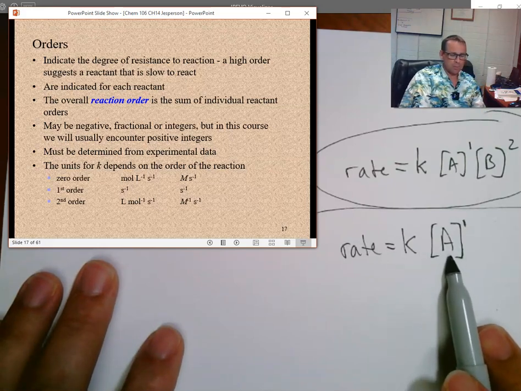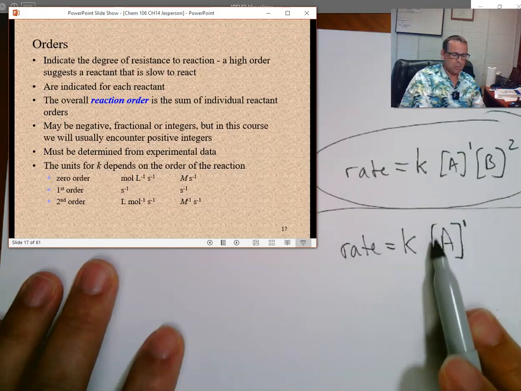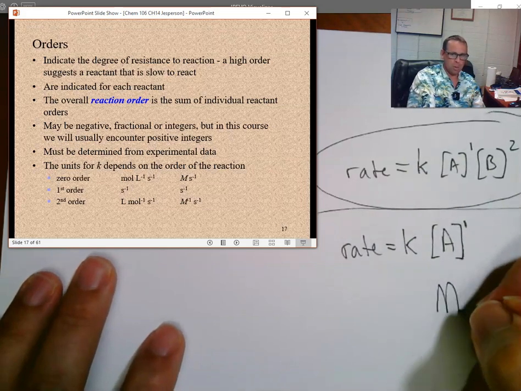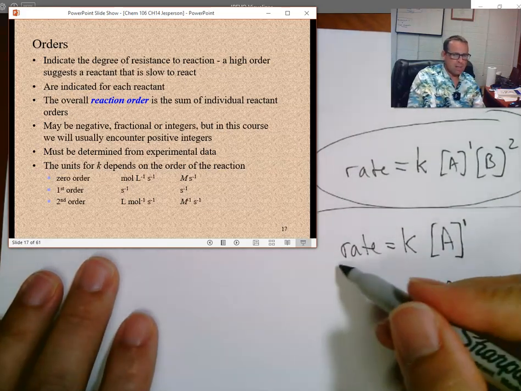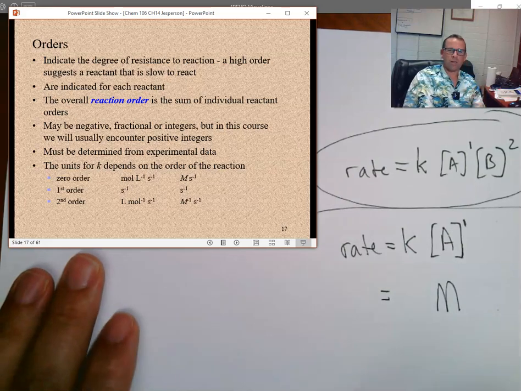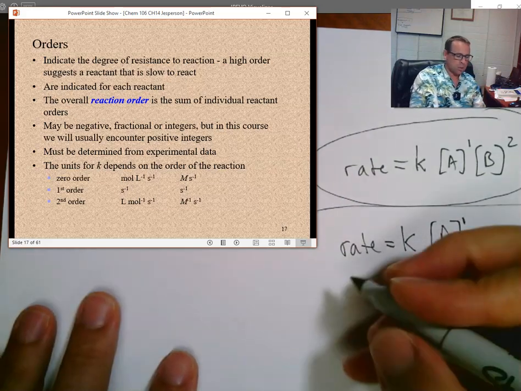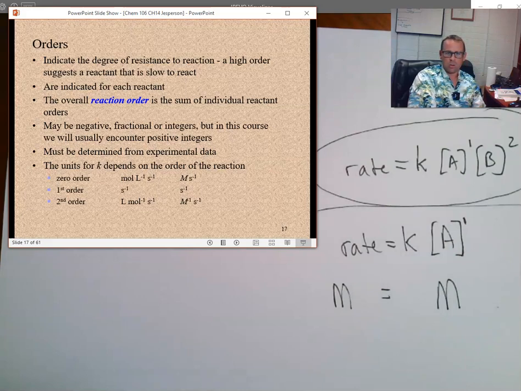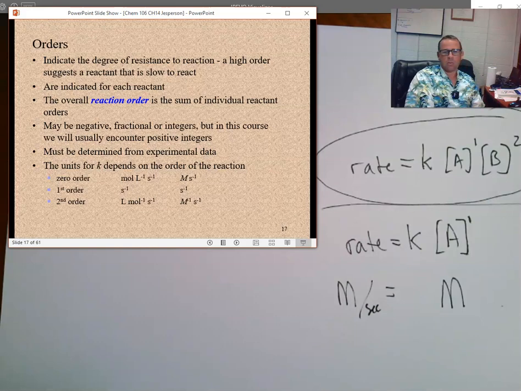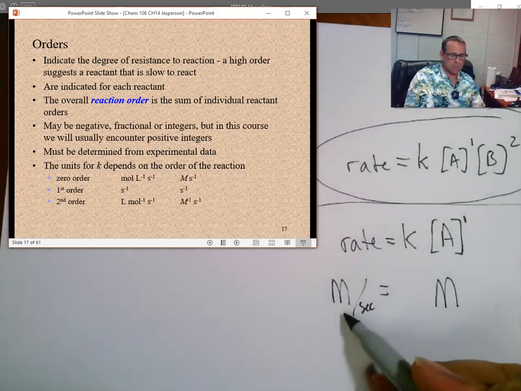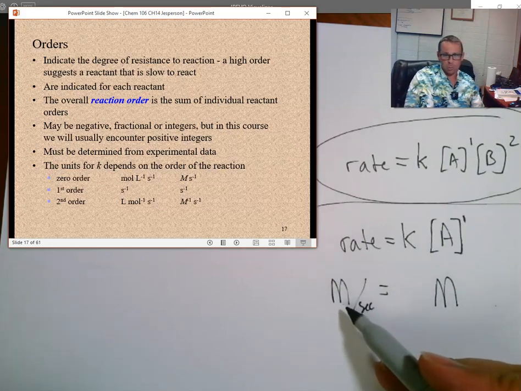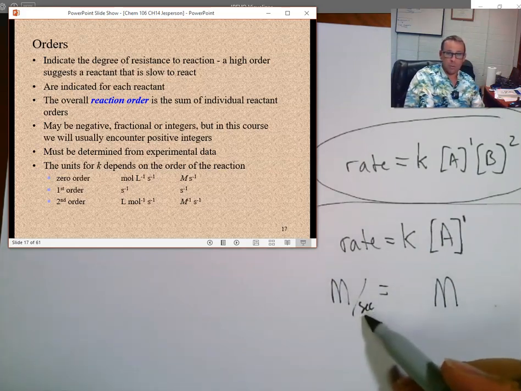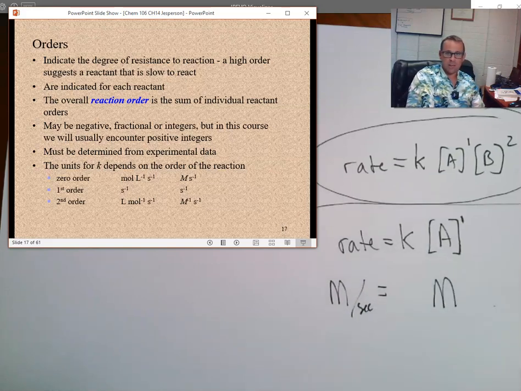Now, units for A, in this case here. Again, those brackets mean molar. So here I have molar. The rate of a reaction is always going to be expressed in terms of molar per second. It's always the moles of material or moles per liter that are either removed or produced per second, right?